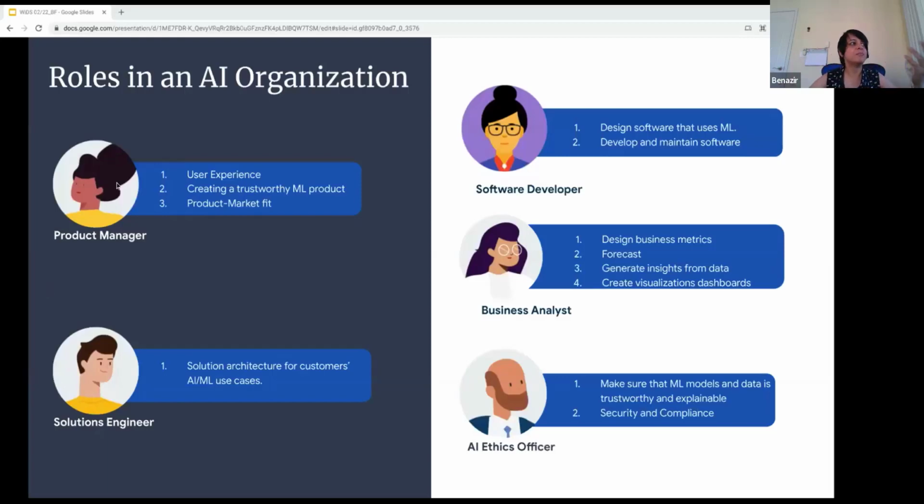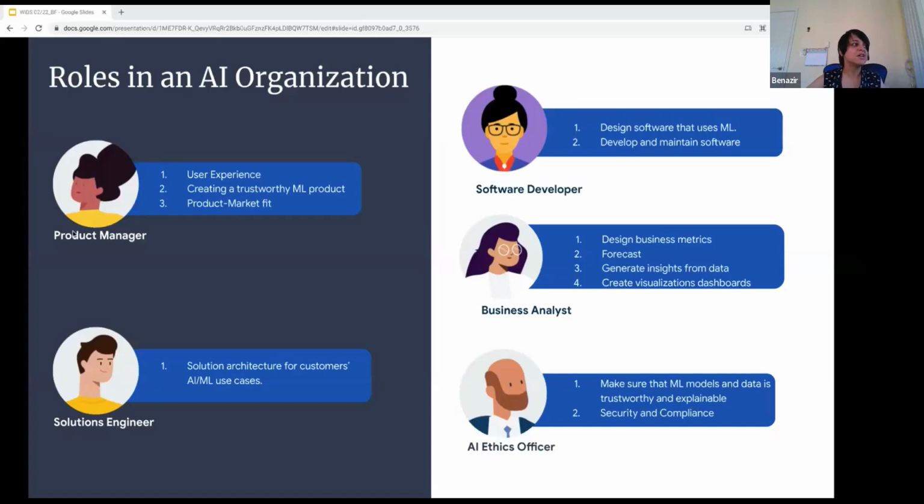For example, a product manager. There are roles in AI organizations such as product manager, and they don't have to be data scientists. Of course, they should have an understanding of what an ML model is doing, what the inputs to it are, and how to create a trustworthy ML product. But they don't need to know the math or the statistics behind a particular model.